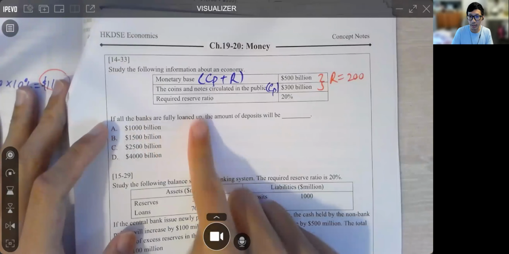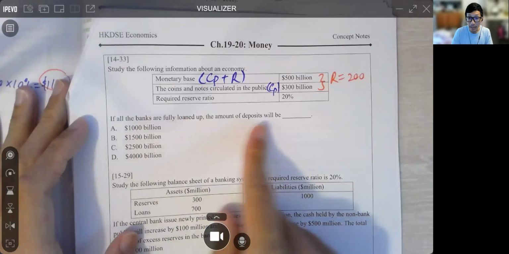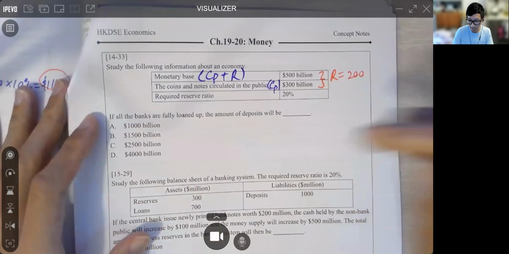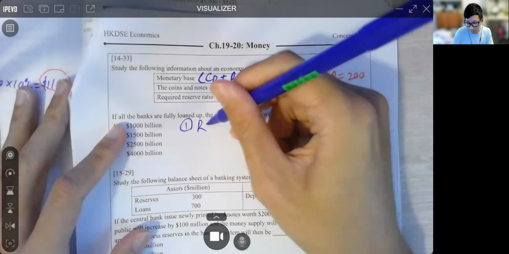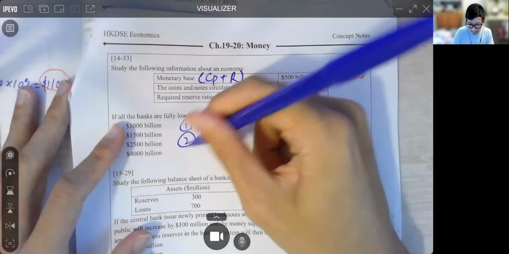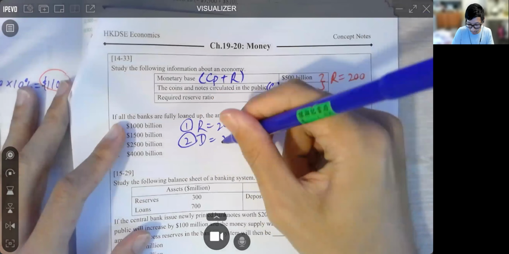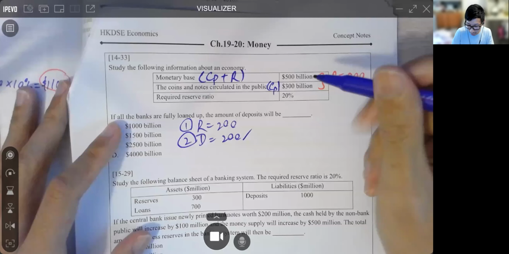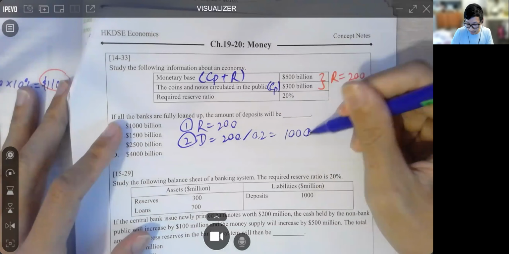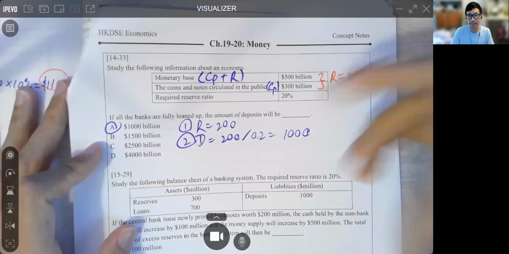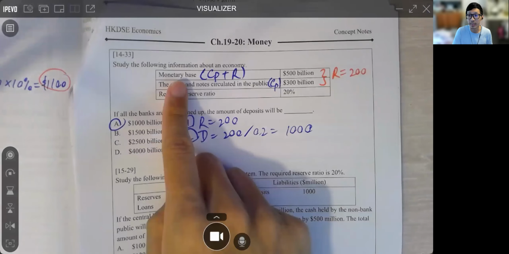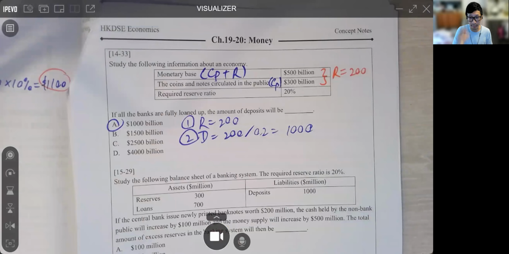Required reserve ratio, okay? The amount of deposit, if they are fully loaned up, the amount of deposit will be, 其實啦，又係跟返我哋 step 啦。Step number 1, reserve, which we already know, 200. Then deposit is just 200 divided by RRR, which is 0.2. 1,000. Okay, 1,000. A is the answer. Okay, 得唔得？嗱，we haven't learned this. We will learn that soon by the end of the video.